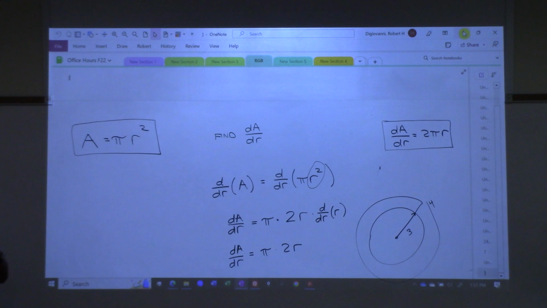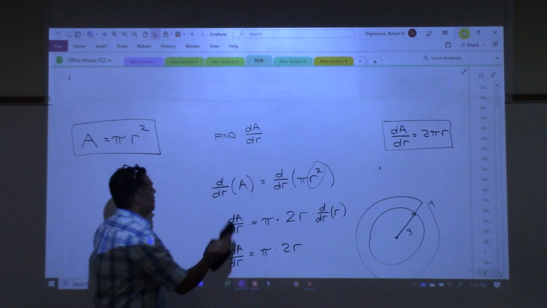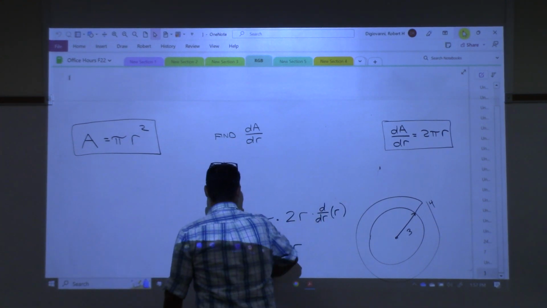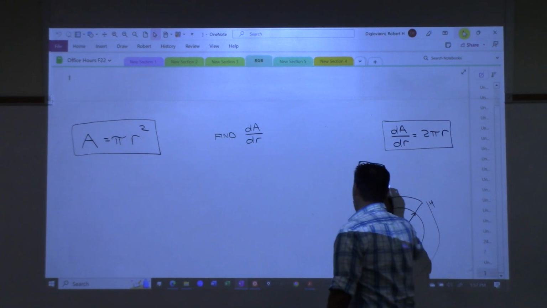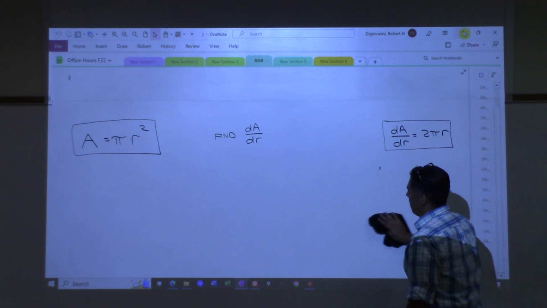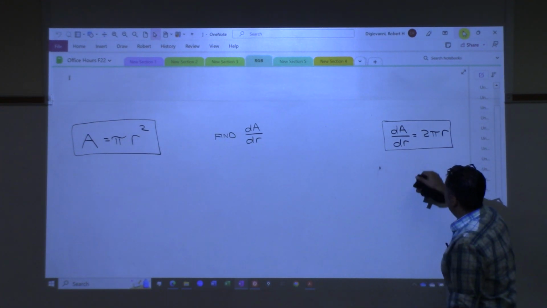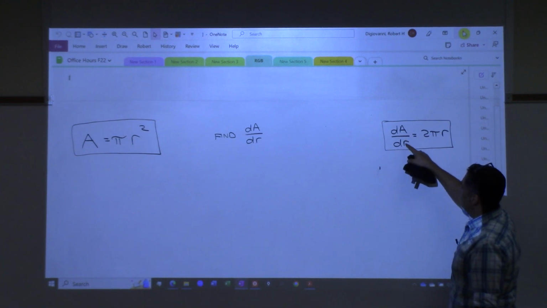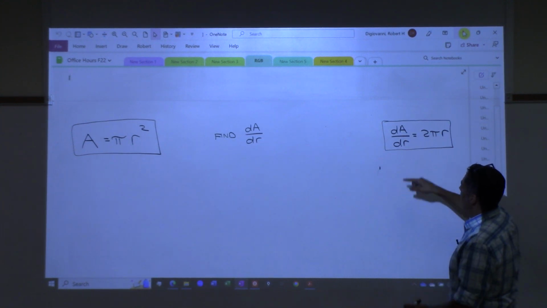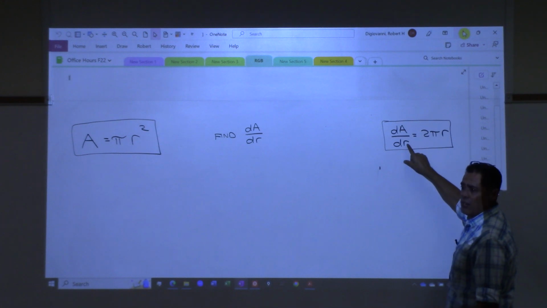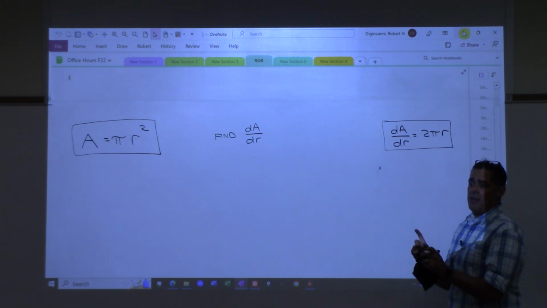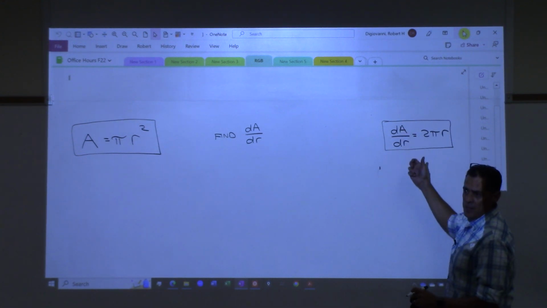It's how much the area changed by, with respect to the change in the radius. It's a ratio. It's the change in the area divided by the change in r. How much did we change r by? 1, so it would just be your change in area.